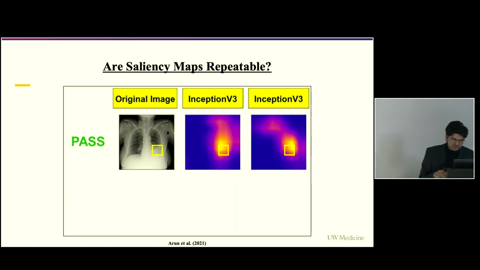Final question: are these saliency methods repeatable? Essentially, I take the same model architecture, exact same construction. I train it today, I call it model A. Now, I train it tomorrow, exact same data set, exact same learning paradigm, everything as is, and call it algorithm B. Ideally, it's the same model.